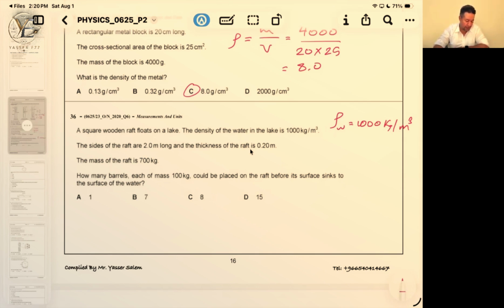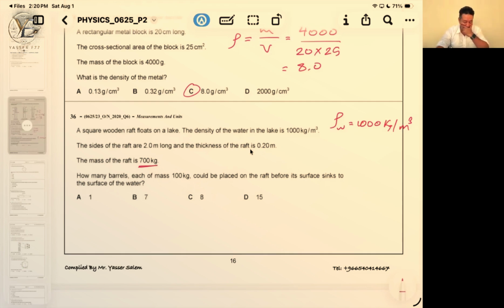And the thickness of the raft is 0.20 meter, so the immersed part is 0.2 meter. The mass of the raft itself is 700 kilogram. How many barrels, each of mass 100 kilogram, could be placed on the raft before its surface sinks to the surface of the water?